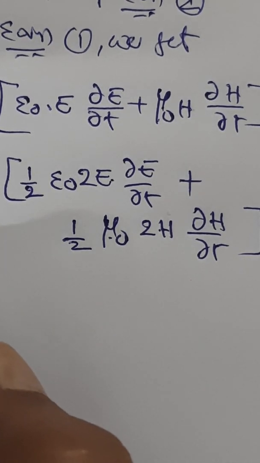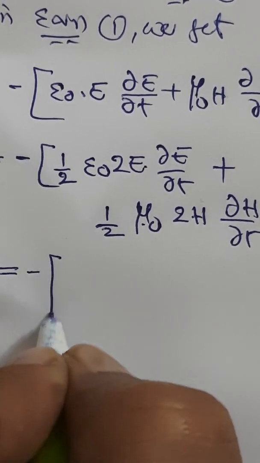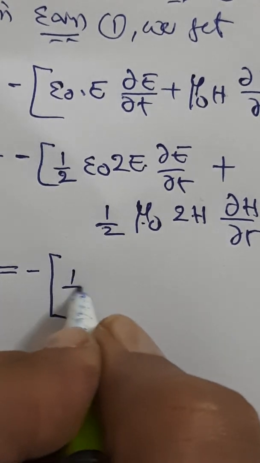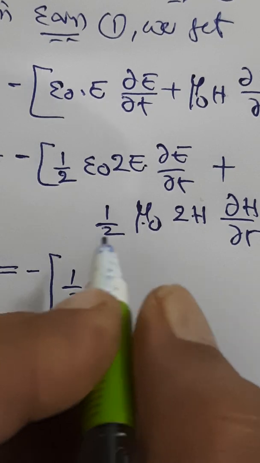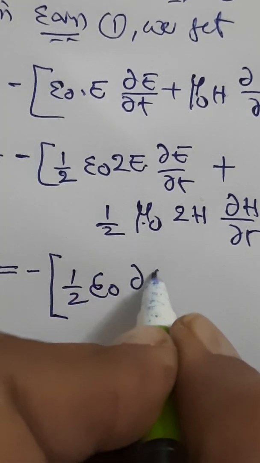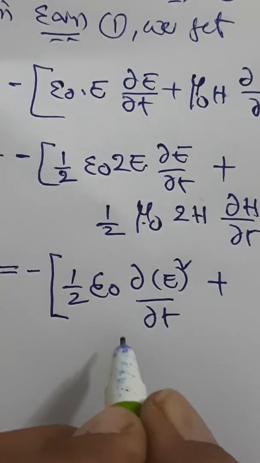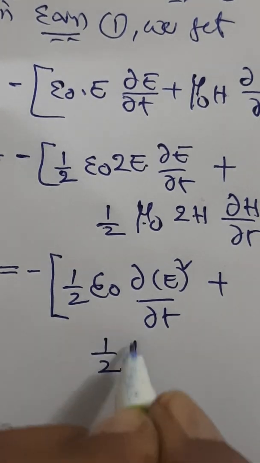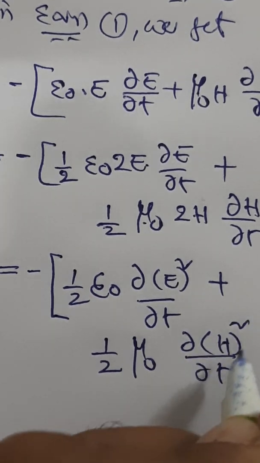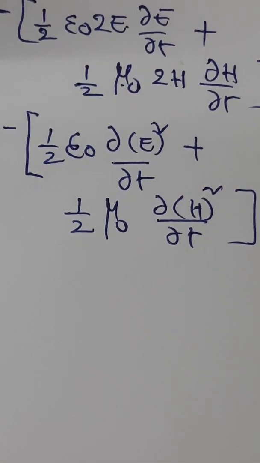Now by doing like this, the value will become minus half into epsilon naught into dou of E square by dou T plus half into mu naught into dou of H square by dou T. This I can modify like this.